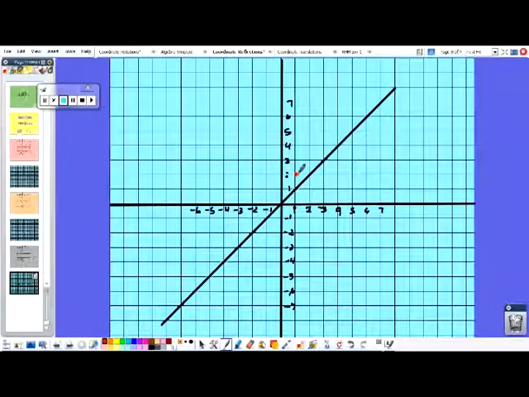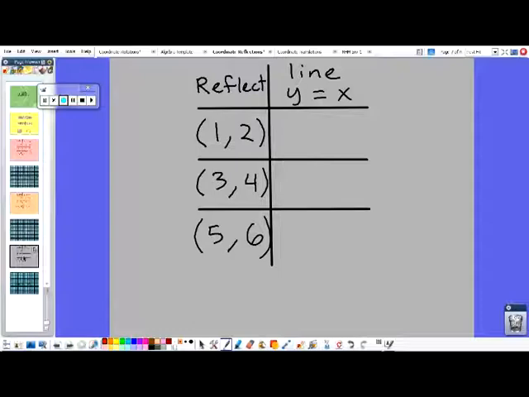If I reflect to the other side of the line, now this is going to seem weird, but if you just tilt your head and look at it, it has to be on the other side. Some of you are going to put it over here. That's not it. It's on the other side of the line. So this right here would be the reflection. The coordinate point that you would fill in would be 2 comma 1.